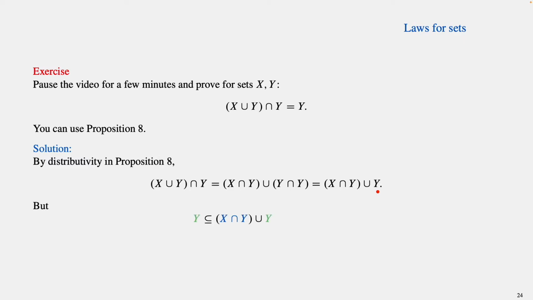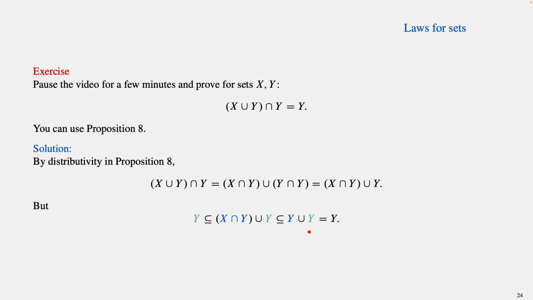But now, comparing it with the right-hand side, we see that Y is a subset of Y union X intersection Y, because Y is a subset of the union of itself with anything. But also, X intersection Y is of course a subset of Y. So this whole thing here is a subset of Y union Y, and the union of a set with itself is of course the set again.